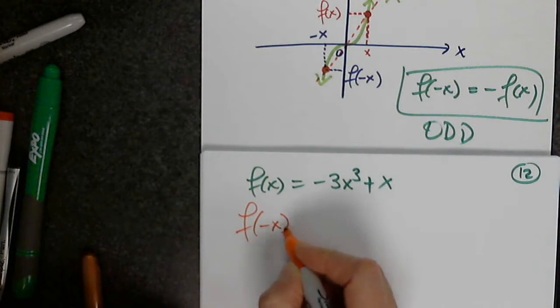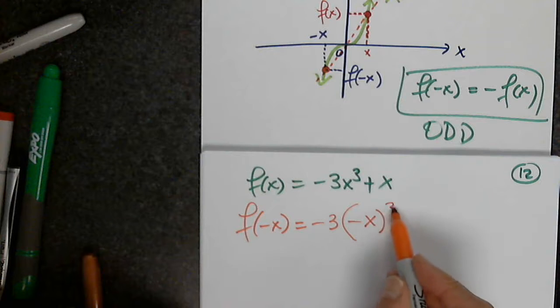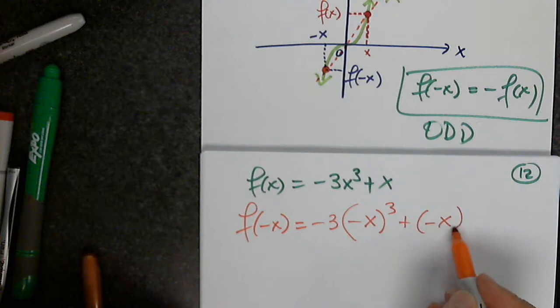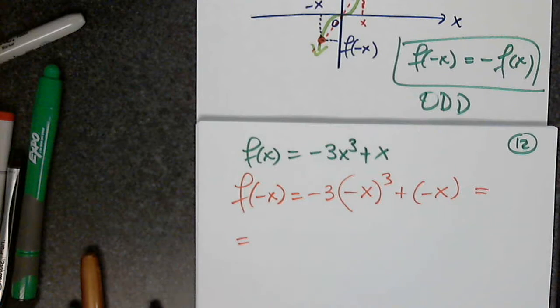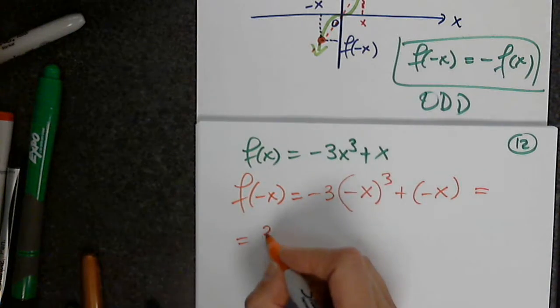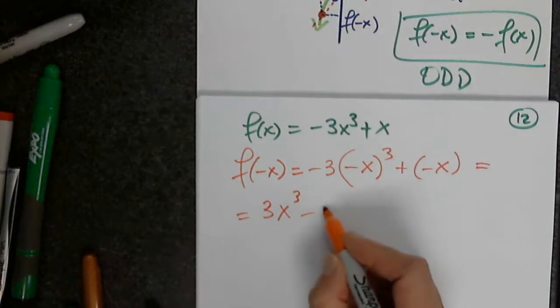So that's where my starting point is. f of negative x will be negative 3 times negative x cubed, plus negative x. Negative x cubed, with minus 3 in front: 3x cubed, and positive negative x. Very good.